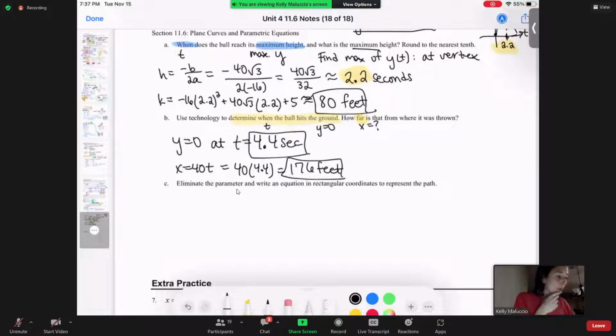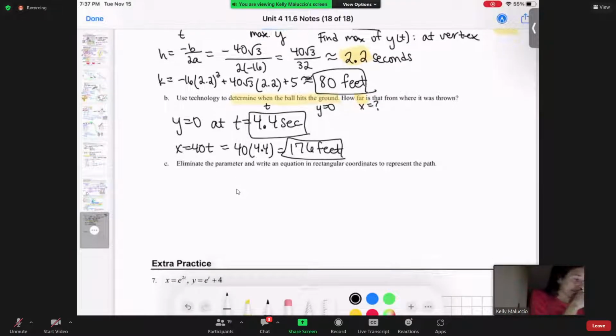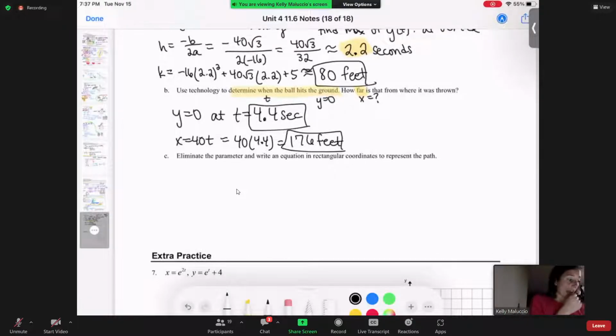And then the last part, C, is asking: eliminate the parameter and write an equation in rectangular coordinates to represent this path. Okay, so to eliminate this parameter, this is algebraic. So we're going to take X equals 40T. It's the simpler equation. And we're going to write it as T equals X over 40, right?